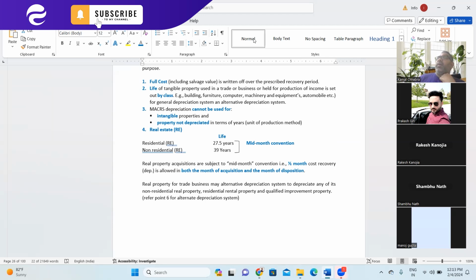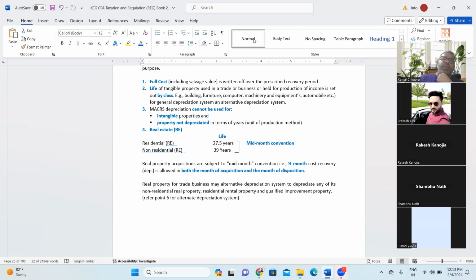So nowadays there are a lot of machinery which come up with a capacity, like how much production that machinery can do, and after that it may require overhauling, repair, capital repair, or it can be exchanged for a new one, right? So in that scenario, based on the actual number of production divided by total expected production, multiplied by the value of the asset, that is how you can calculate the depreciation.